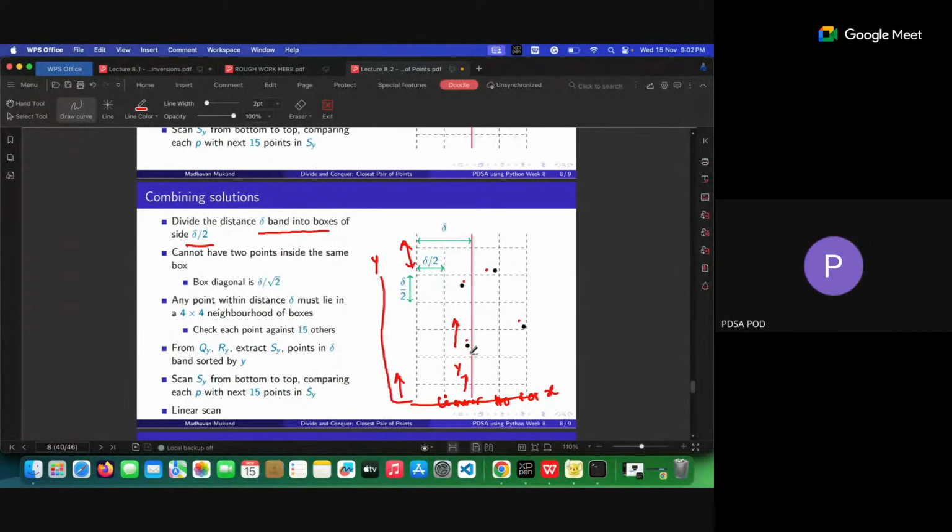So this comparison we do across this one, this is the maximum. And you compare off lambda; O of lambda means 16 comparisons maximum. So we are comparing each point with the next 15 points only.